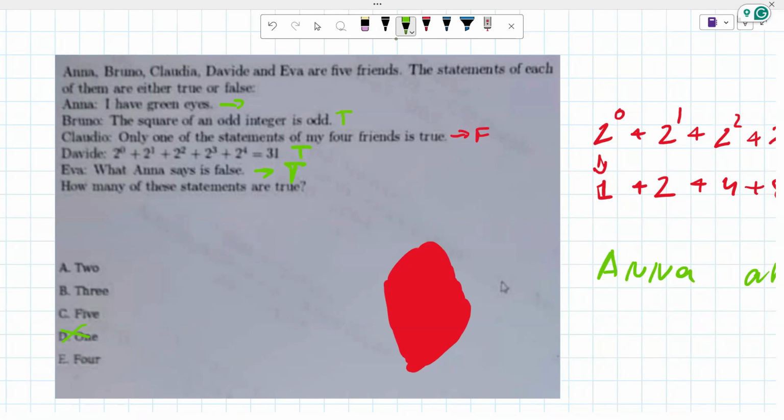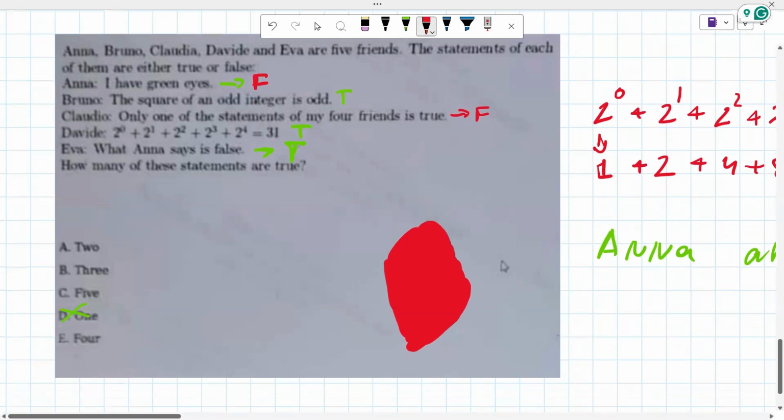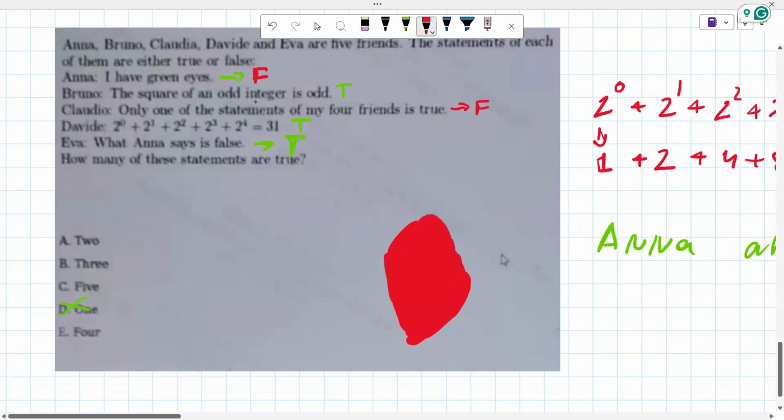Then we go to Anna, and we know that Anna is lying already, and this is also consistent in our case. And for sure we know that we have three true statements and 2 false statements. They are asking how many of these statements are true, and in this case, 3 statements are true.